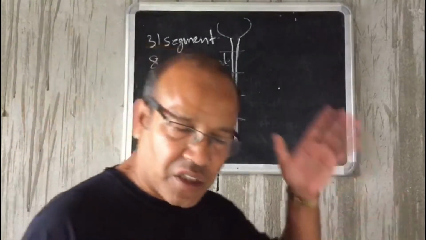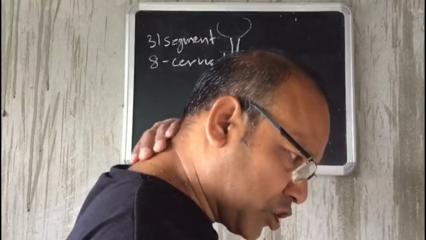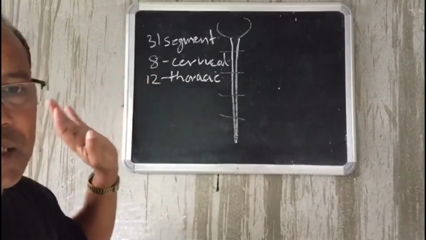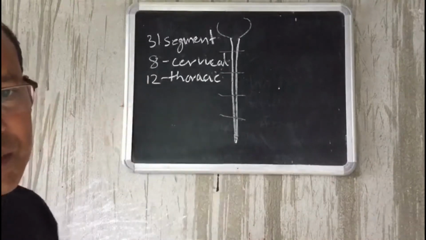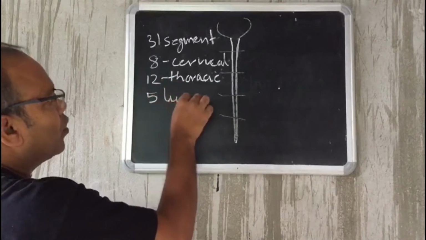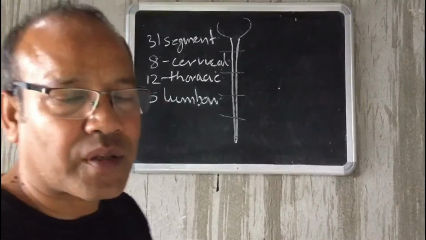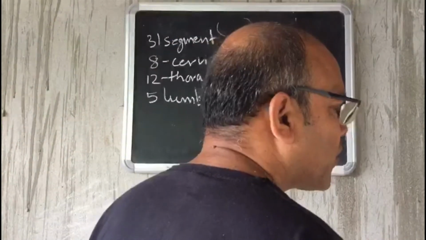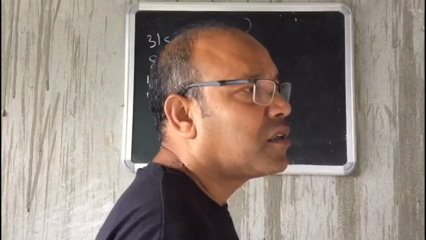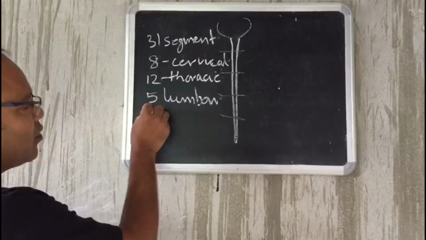The cervical segments are normally present in this particular region, okay, and there are 12 thoracic segments. After that, we have 5 lumbar segments. Lumbar segment is just below the thorax, just below the rib cage, slightly above the tailbone. That is called the lumbar segments.